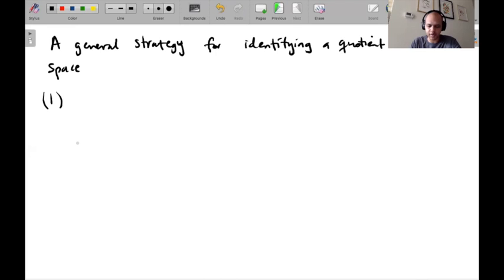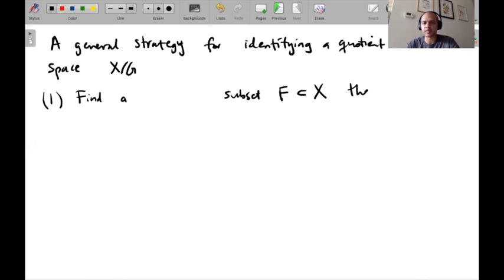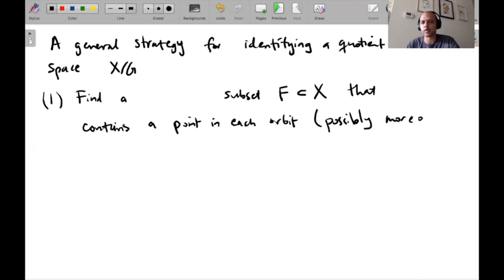The first step is to find a subset F in X, here for the quotient space X mod G, that contains a point in each orbit, and possibly more than one point on the boundary of F.